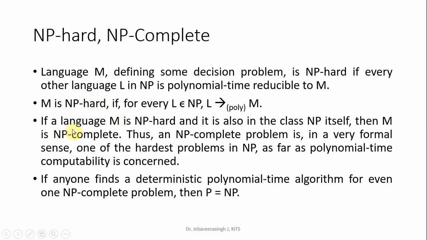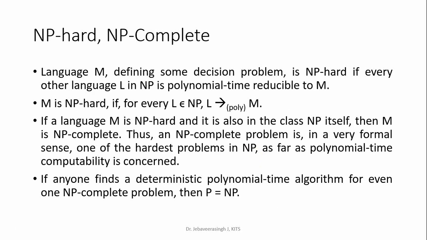If a language M is NP hard and it is also in the class NP, so M is itself an NP problem and it is NP hard, then we can say M is NP complete. An NP complete problem is, in a formal sense, one of the hardest problems in NP. So NP complete is an NP problem and the hardest NP problem.